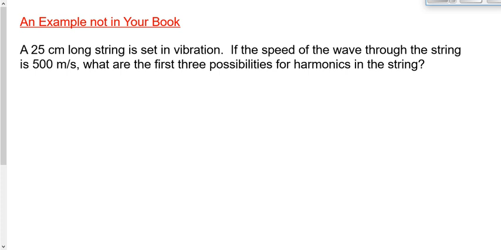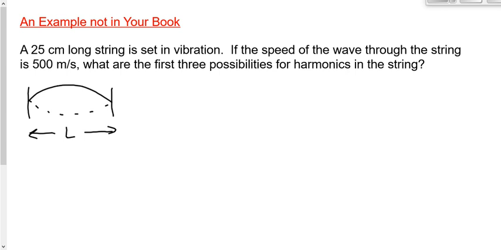Remember what I said a minute ago? You can derive an equation for the first harmonic and the second harmonic and the third harmonic, or you can just deal with the first and then multiply it by 2 and 3. So that's what I want to do. I'm going to draw the picture here. This is the first harmonic.